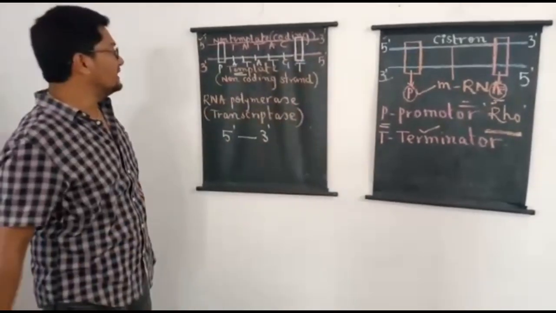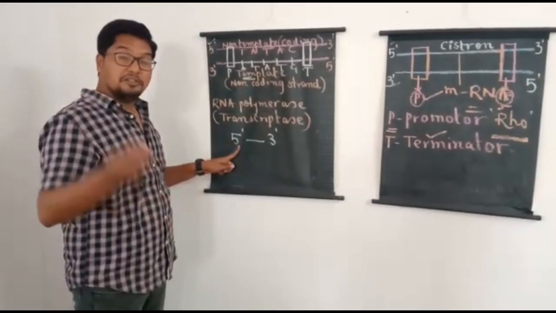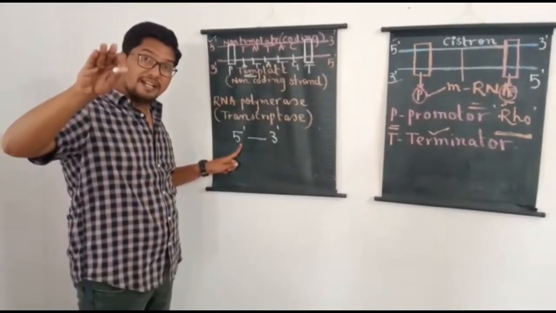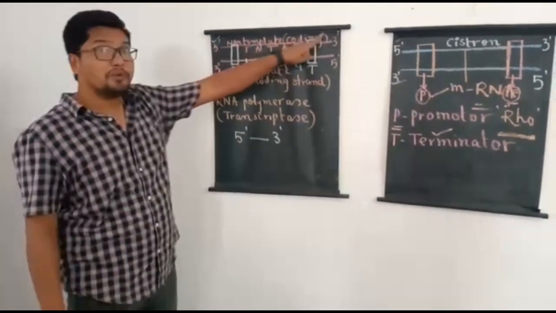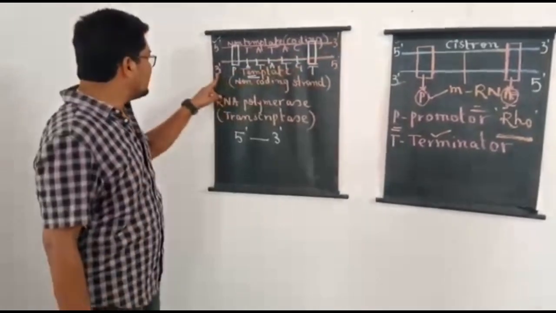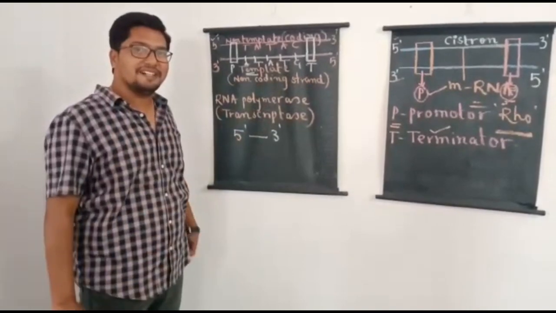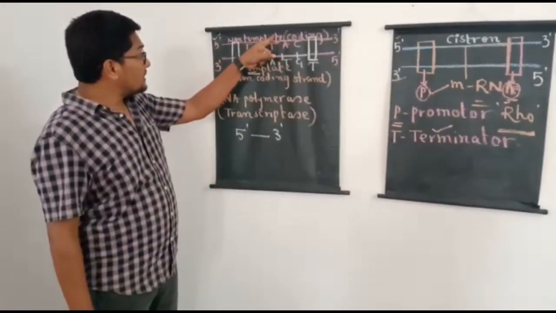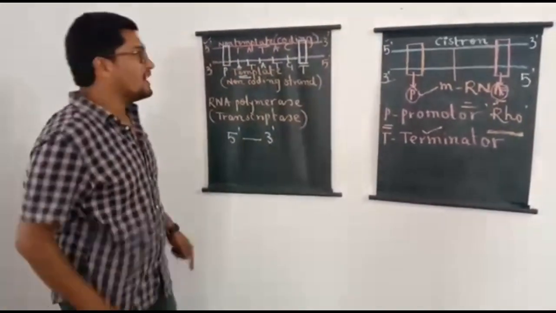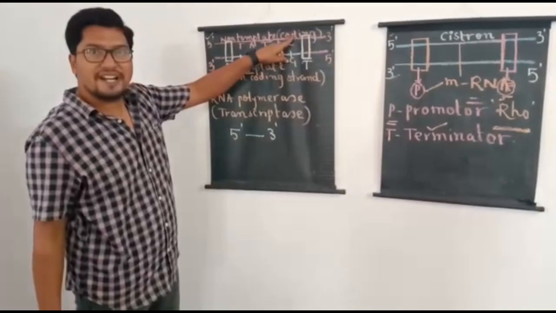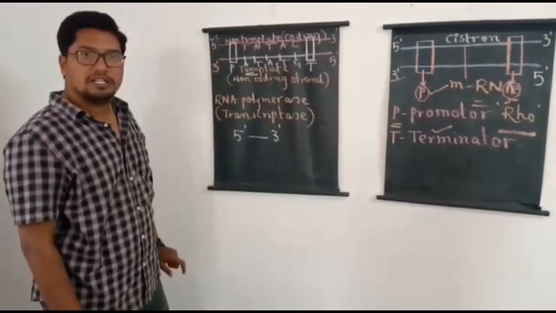And if you see here, at the time of transcription, when an mRNA is synthesized, the nucleotide sequence on the mRNA resembles the nucleotide sequence present on the 5' to 3' strand, but not the nucleotide sequence present on the 3' to 5' strand. So it is very clear, the nucleotide sequence present on the 5' to 3' strand is coding for a protein. That's why the 5' to 3' DNA strand is called the coding strand, and the 3' to 5' DNA strand is called the non-coding strand.